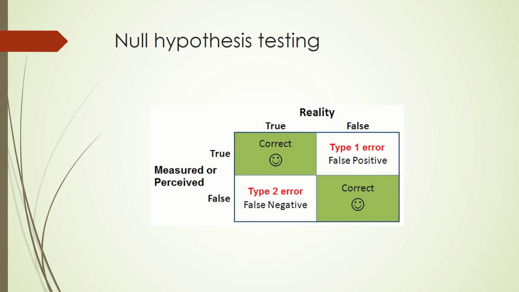If we measure that a given thing is true and in reality it's correct, we're all good. But if we measure it and think it's true, but it's false in reality, that is termed a type 1 error or a false positive. Everyone good with this? I would know that for a test, right?